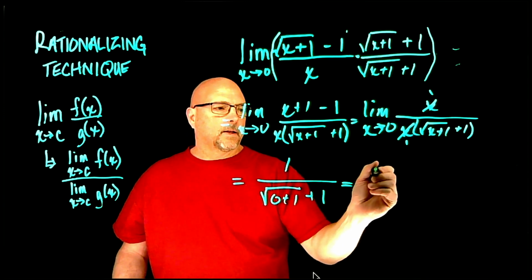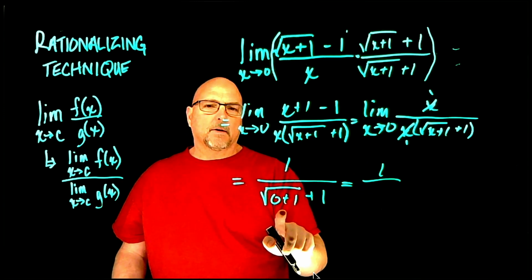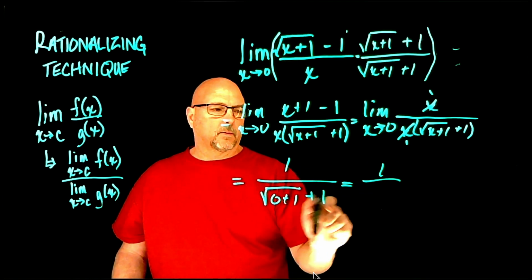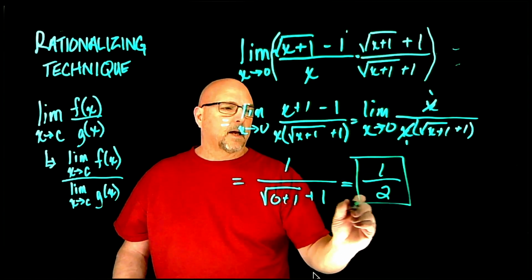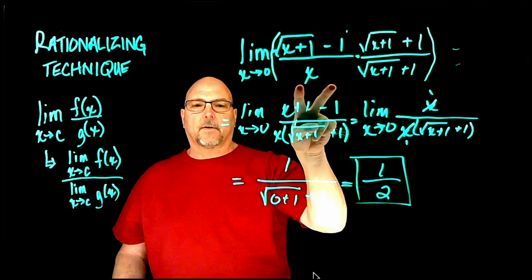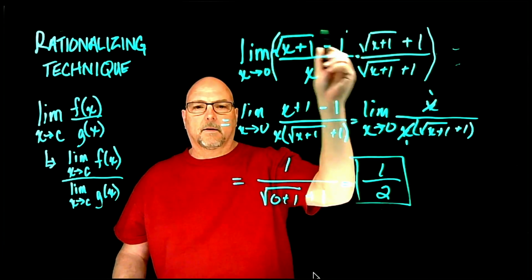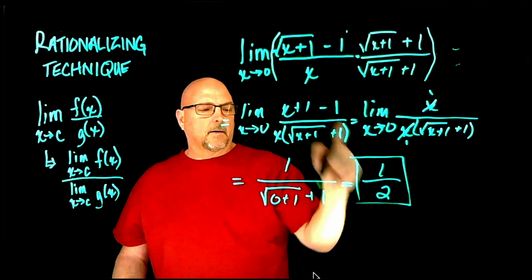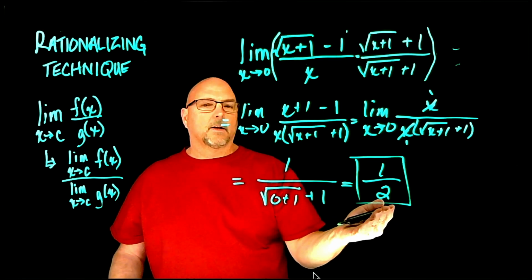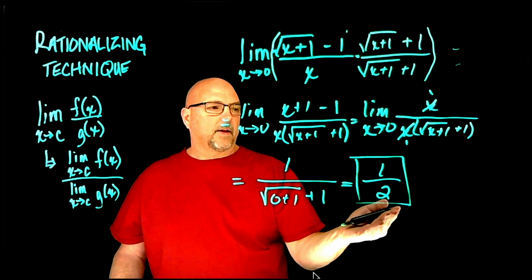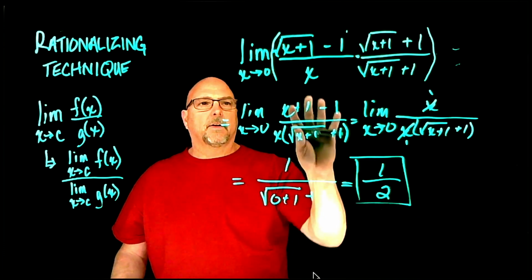So we have a 1 in the numerator, and the square root of 1 is 1, and 1 plus 1, that's a 2. So the limit of this function right here, the one we started with, as x approaches 0, can be found analytically, algebraically, to be 1/2. So that's how this technique works. So that's an easy one.